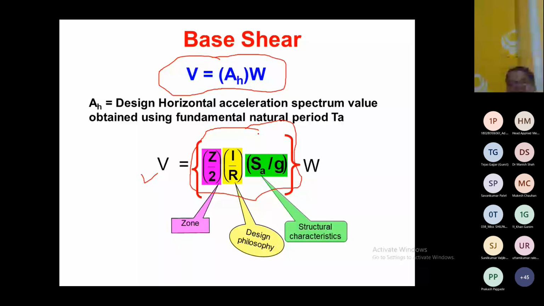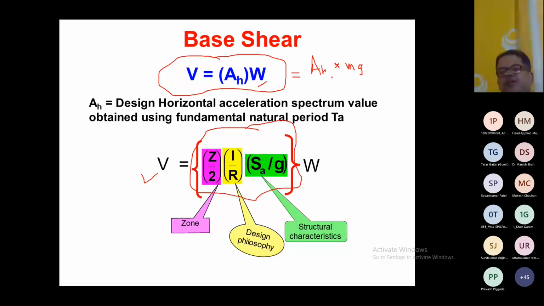Now, what is this Z by 2, I by R, SA by g? Basically, you understand this part. This is the W, right? So we have a certain coefficient AH here, multiplied by W. W means mass into acceleration, that is m into g.